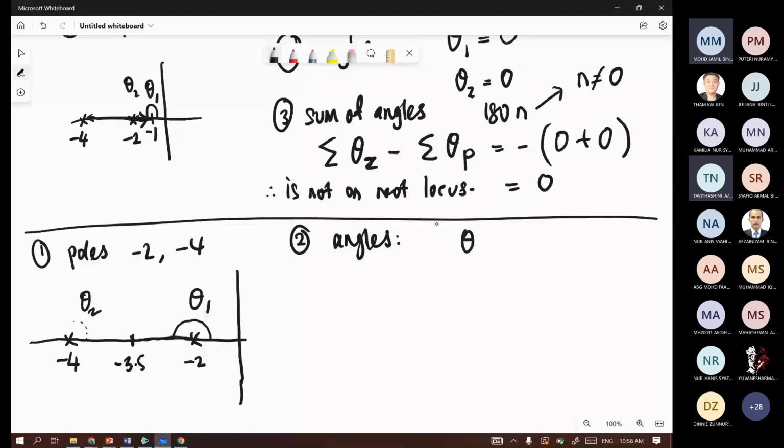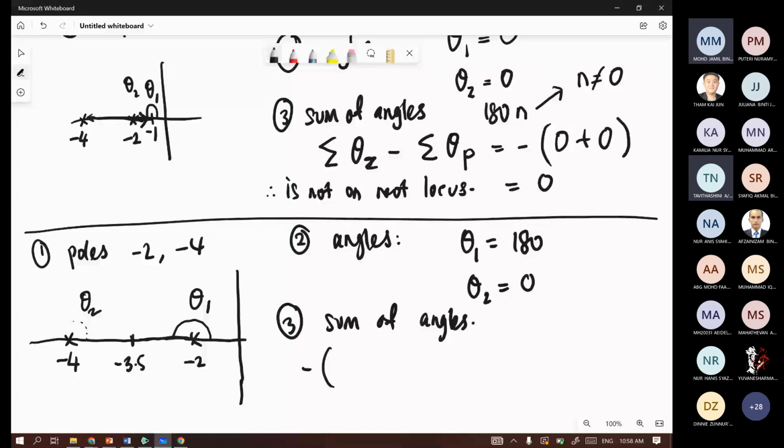Theta 1 is obviously 180 degrees, while theta 2 is 0. Then you calculate the sum of angles: you get 0 minus (180 plus 0), so negative 180.